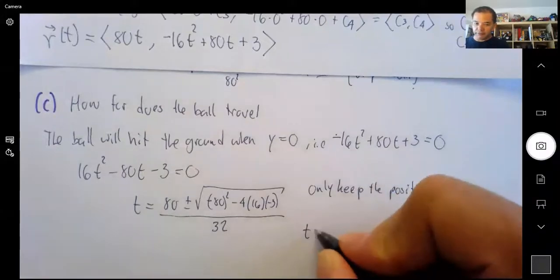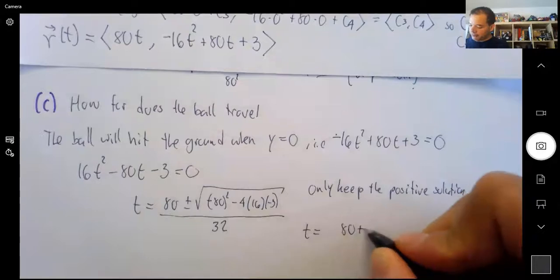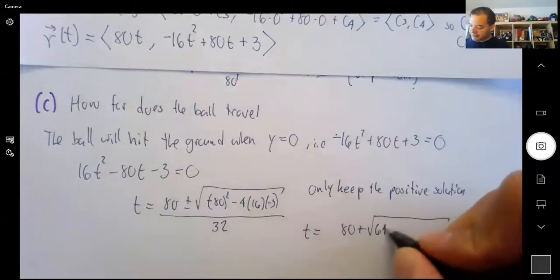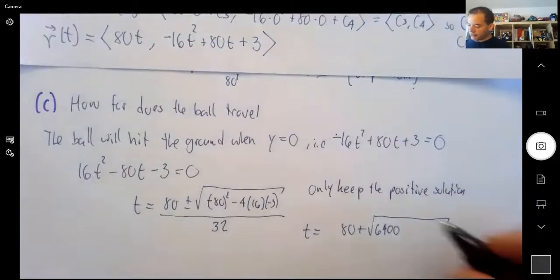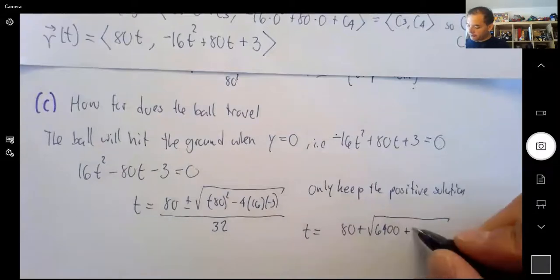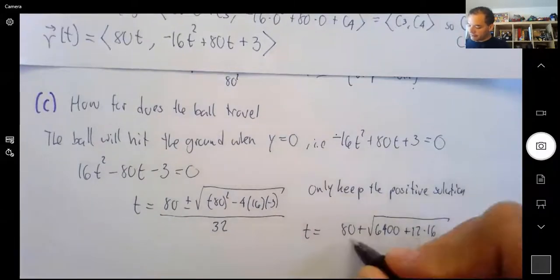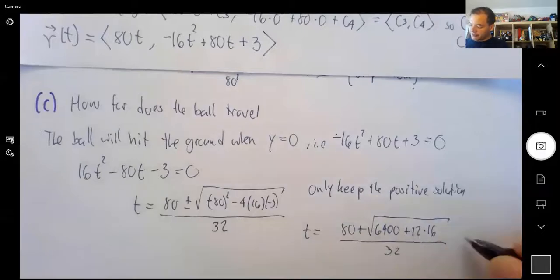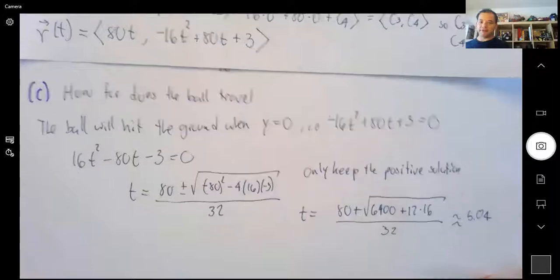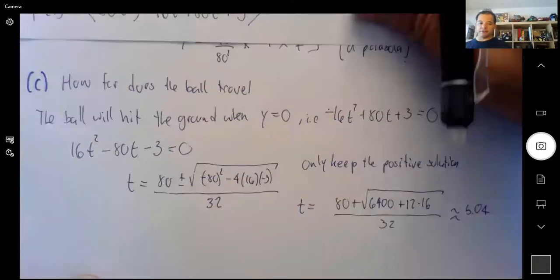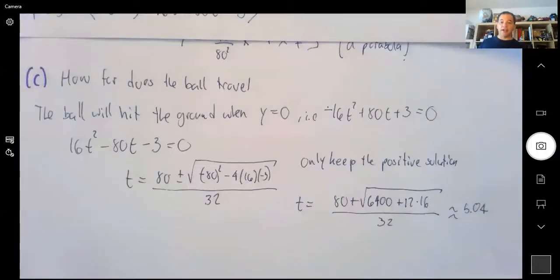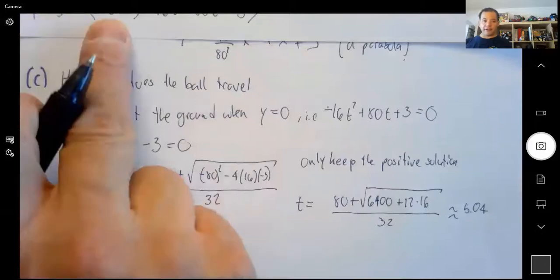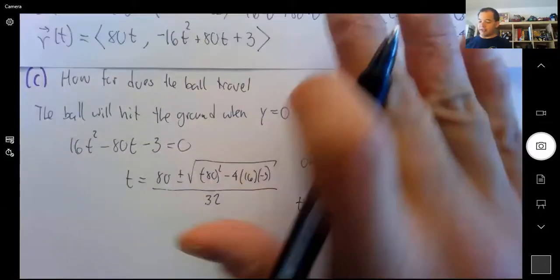So t equals 80 plus the square root of 6,400 plus 12 times 16, divided by 32. It's about, according to the book, 5.04. So after about 5 seconds, the ball hits the ground. Then to figure out how far it landed, you just plug that into the x, which was 80t.